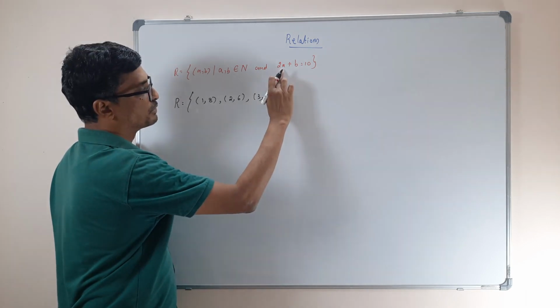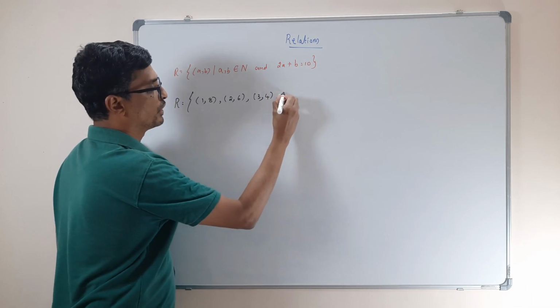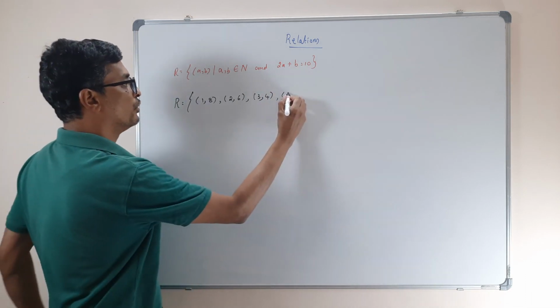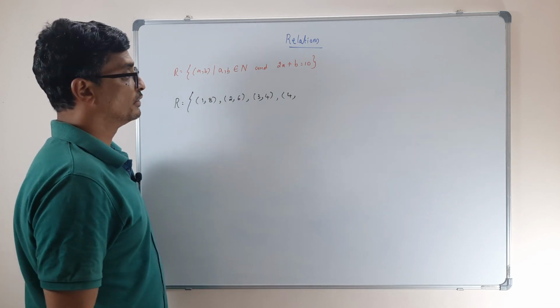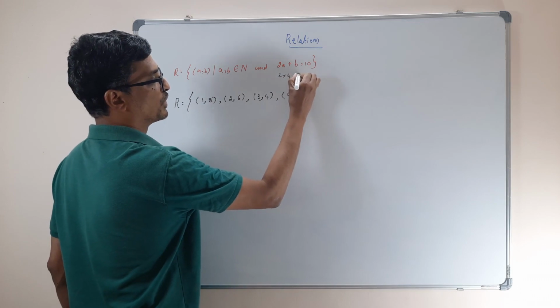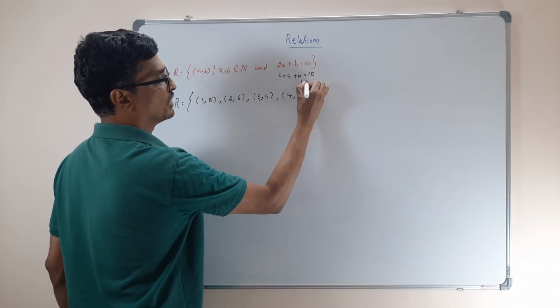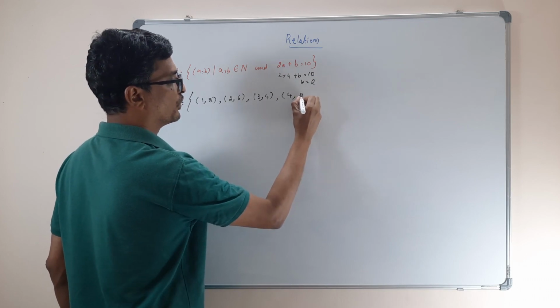Correct? Because 2A becomes 6, so B will be 10 minus 6 equal to 4. And now tell me, when A equal to 4? 2 into 4 is 8, 2 into 4 plus B equal to 10, so B equal to 2.